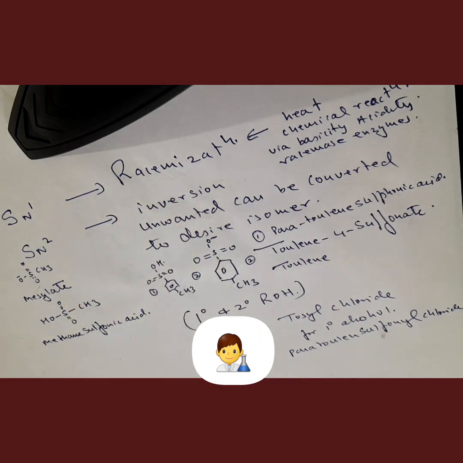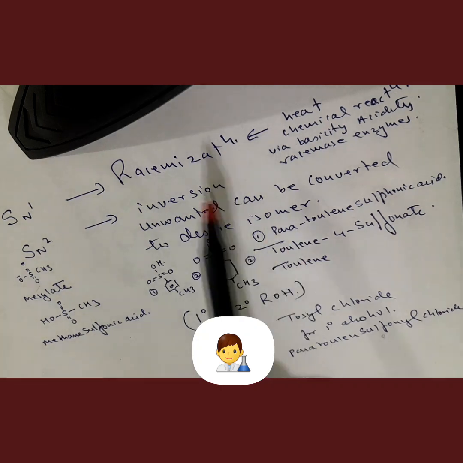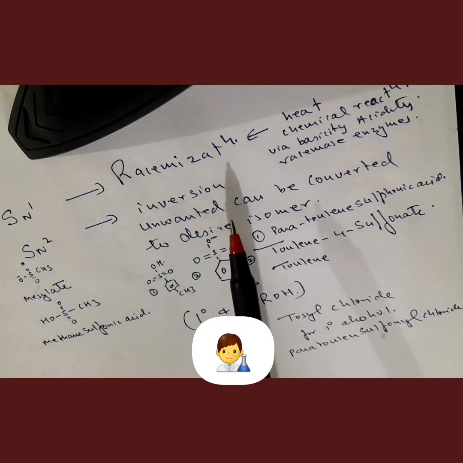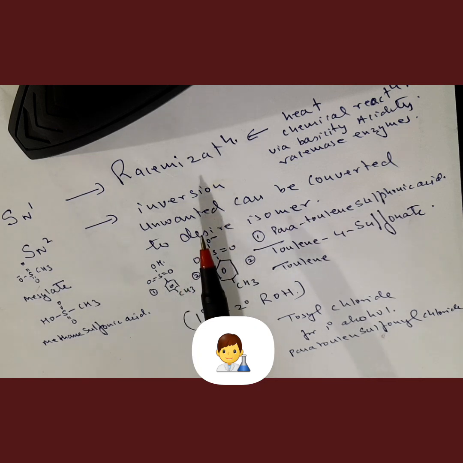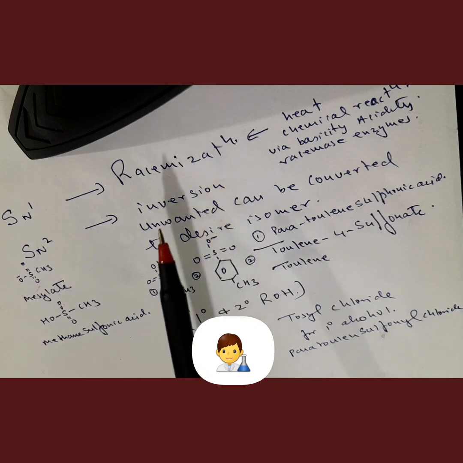In fact, it's very interesting to know that our biological system also has the capacity of inversion. Suppose we have a racemic pharmaceutical drug, the biological system has a tendency to convert the undesired isomer to the desired isomer.